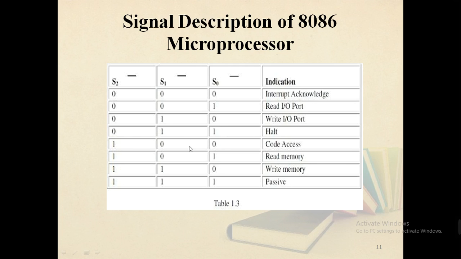If it is 1, 0, 0, code access. If it is 1, 0, 1, read memory. If it is 1, 1, 0, write memory. If all are 1, it represents passive. Simply, these three status lines indicate the type of operation being carried out by the processor.